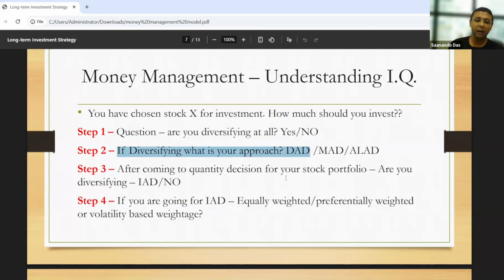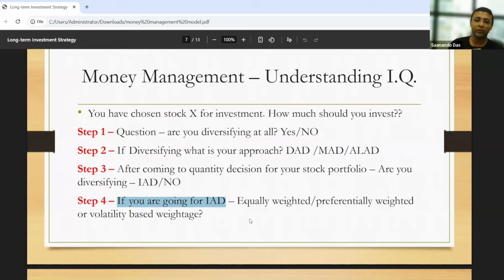Means, are we applying IAD, intra-asset diversification, मतलब within the asset, stock के अंदर, different sectors से maybe stock buy करना. If we are going IAD, suppose we have decided, no, I'll go for intra-asset diversification, और मैं होल्ड करने वाला हूं about, say, 10 stocks.